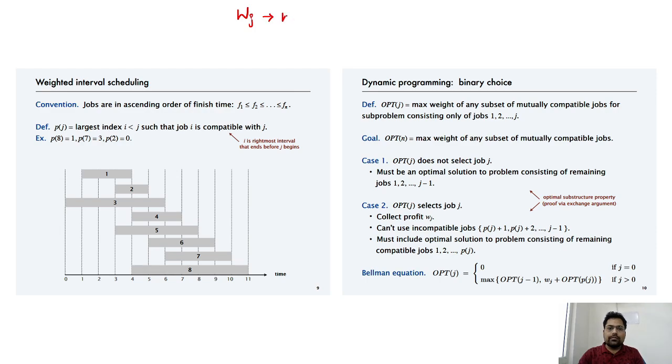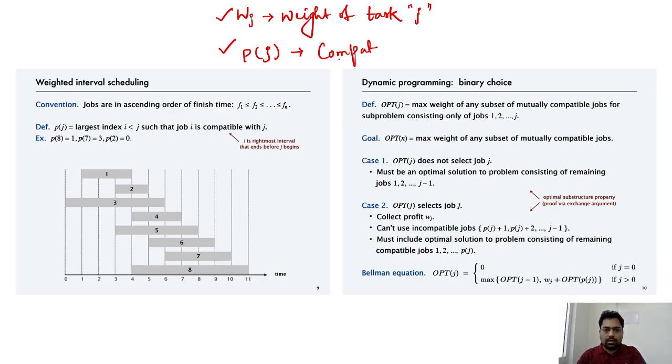WJ is the weight of task J. So for the task J, WJ represents the weight of J, okay, and P of J represents the compatible set of jobs or tasks based on index. We will be discussing that one, don't worry about it.